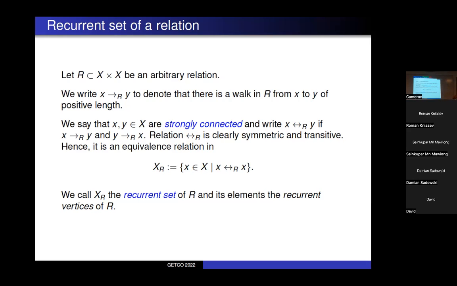The set X_R is the set of all points that are connected with themselves, looking for paths of positive length, so at least one. The double arrow relation is symmetric and transitive, so on this recurrence set it will be an equivalence.